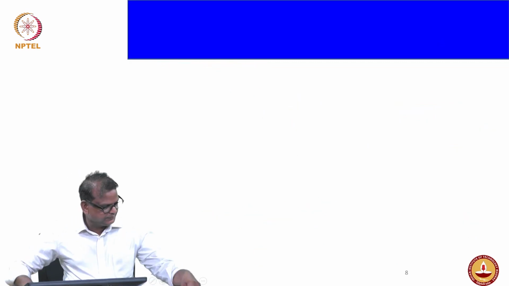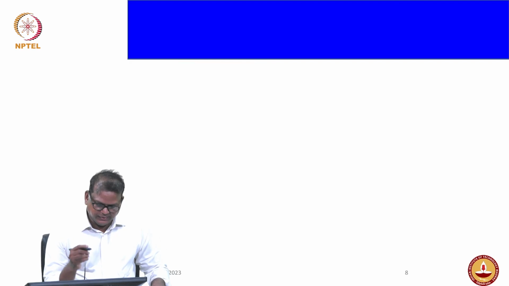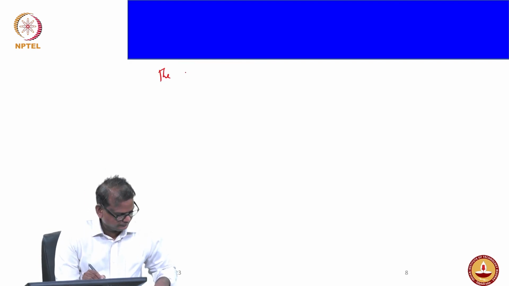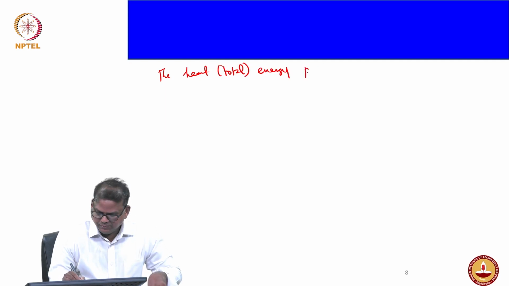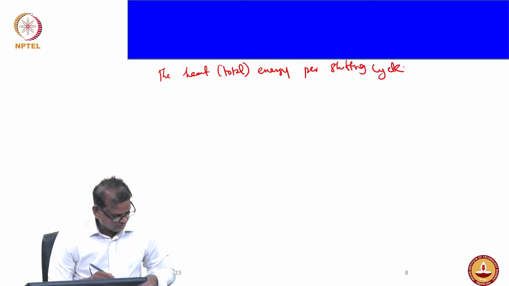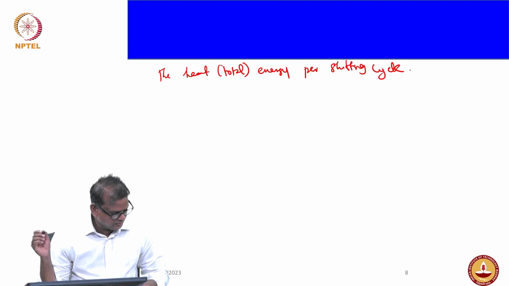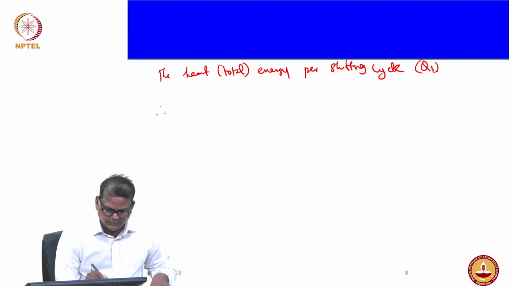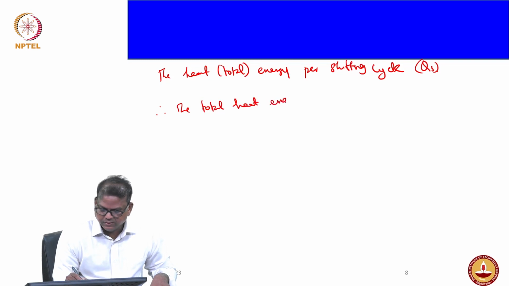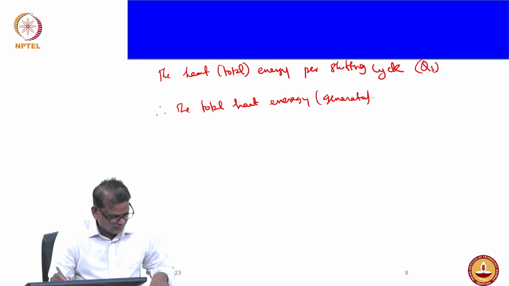So the total heat energy generated per shifting cycle is nothing but QS. That's already done. So we want to know the total heat energy generated per hour.